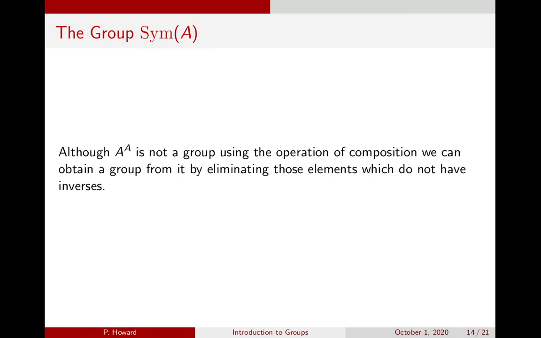We're going to look at a group called sim of A. So we get sim of A from the set of all functions from A into A. Remember, the set of all functions from A into A is not a group if you use the operation of composition, but we can get a group from the set of all functions from A into A by eliminating those elements that don't have inverses. The result will be this group which we're calling sim A.